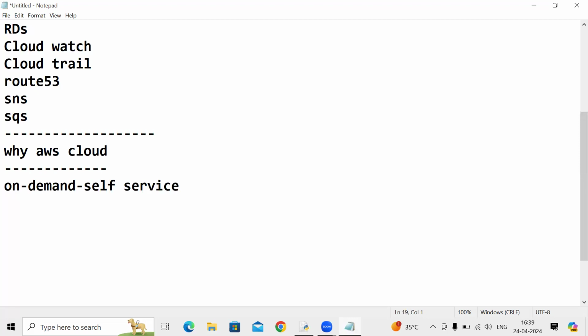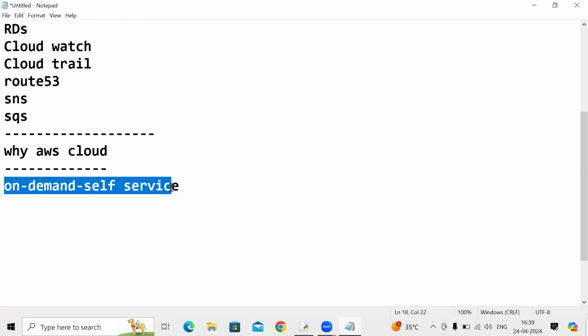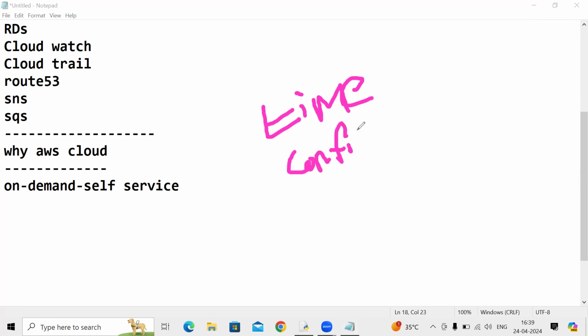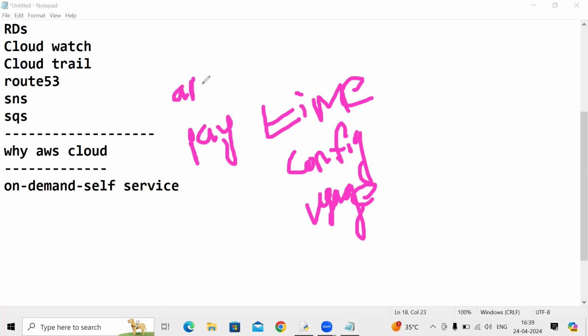The meaning of on-demand self-service is that based on whatever services you are using, how much time you are using them, the configurations and the usage, by considering all these factors, we have to pay the amount to Amazon Web Service.